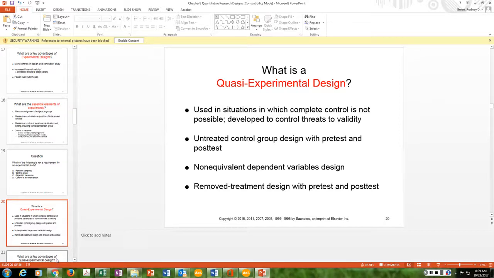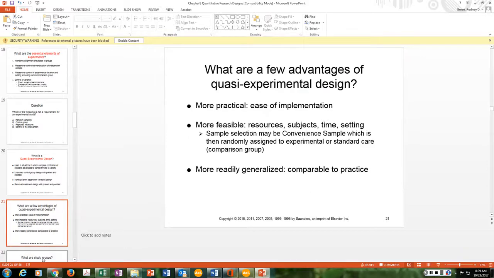Okay, so the key thing that I'd like you to remember is quasi-experimental design is used in situations in which complete control is not possible, and it's developed to control threats to validity.